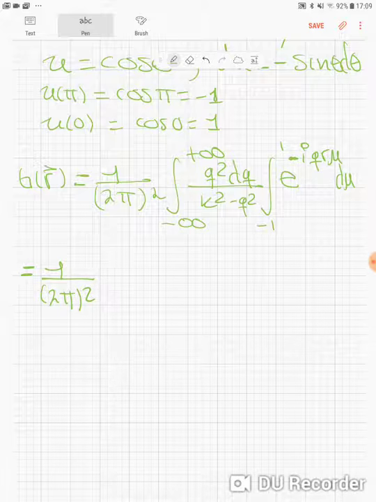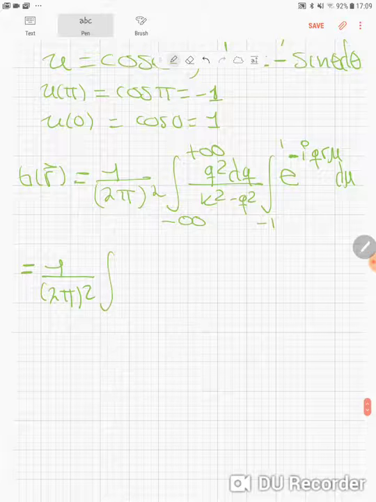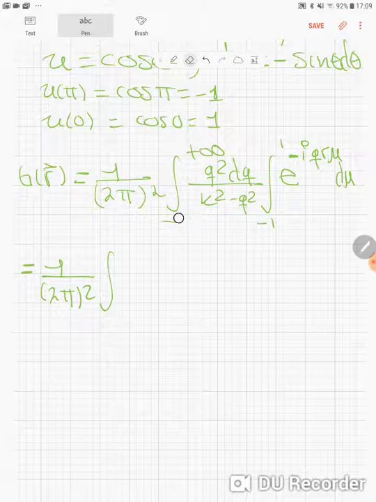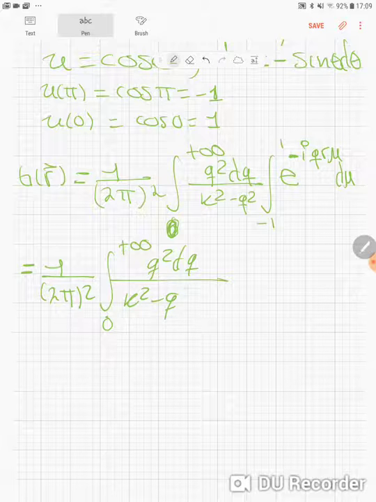Let's see how this is going to look. This is going to be a mess in a little bit, but sorry, this is not minus infinity. What I put here is 0. My big apologies for that gross mistake. So this is 0 to plus infinity, q² dq divided by k² minus q², and this integral here is going to be this exponential evaluated at u equal to 1.